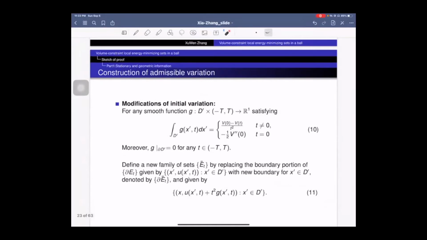Now, with this symbol, we can do the modification. Let's consider some smooth function g, which is also defined over D prime and has a time variable. And satisfying that the integration of g over D prime is this guy. And moreover, we want that g has 0 value at the boundary for any t.